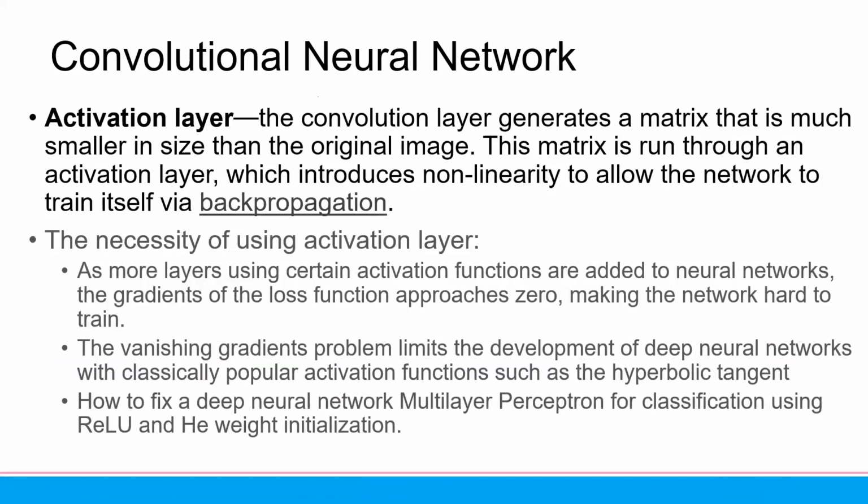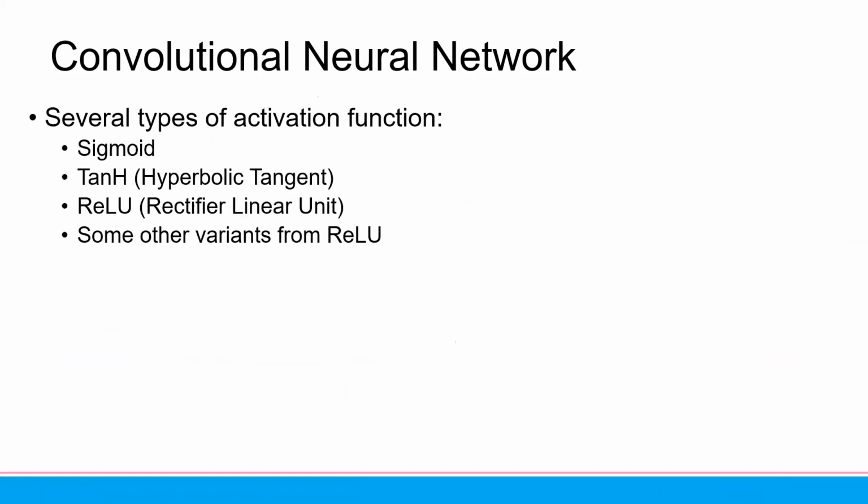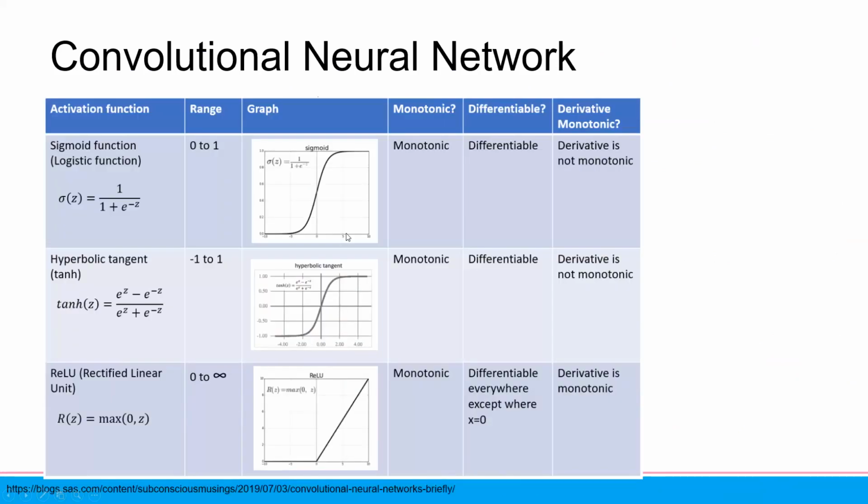Let me skip this. So several types of activation function are like this. We have the sigmoid, which you already learned. Tanh, hyperbolic tangent, ReLU, rectified linear unit, and some other variants of ReLU. The sigmoid function or logistic function, this is the formula. You just know the formula, but now I would like to explain that the range of values will be from 0 until 1.